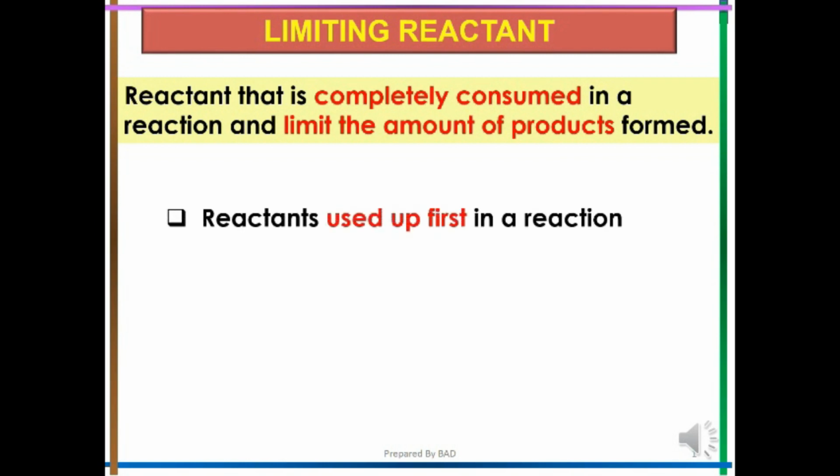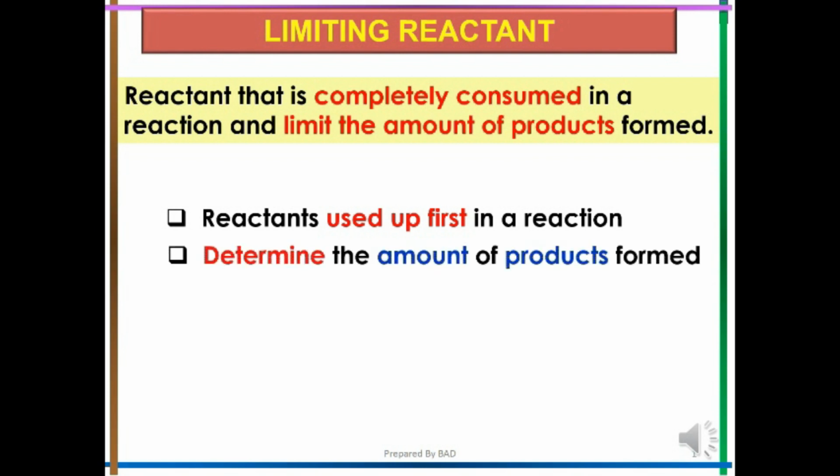So, limiting reactant is the reactant used up first in a reaction, or the reactant that is completely consumed before other reactants. This limiting reactant determines the amount of product formed because when the limiting reactant is completely consumed, the reaction stops.